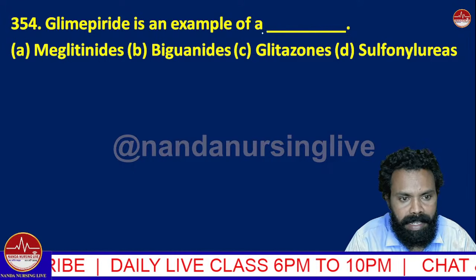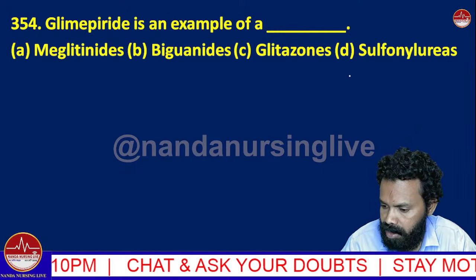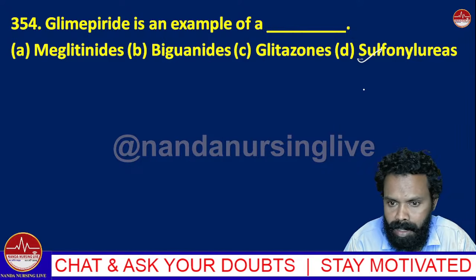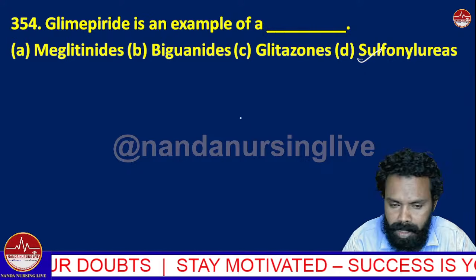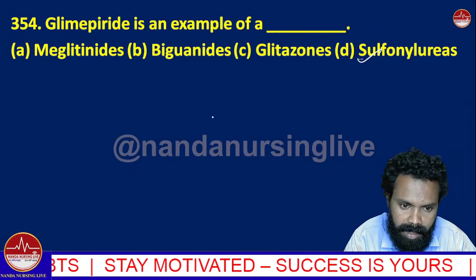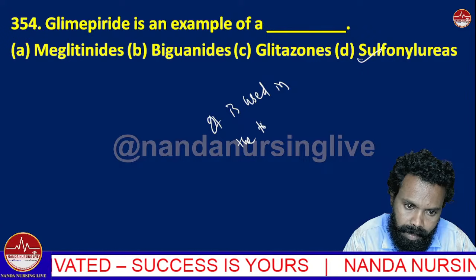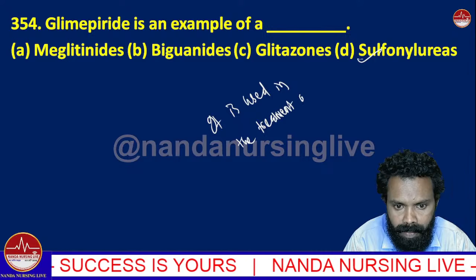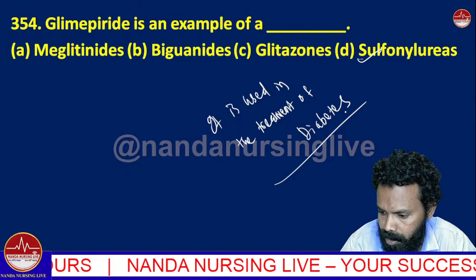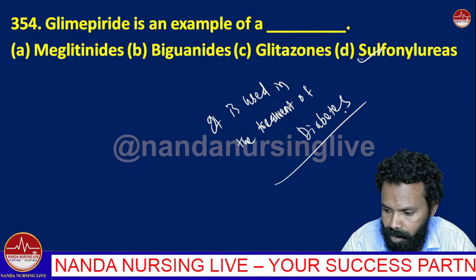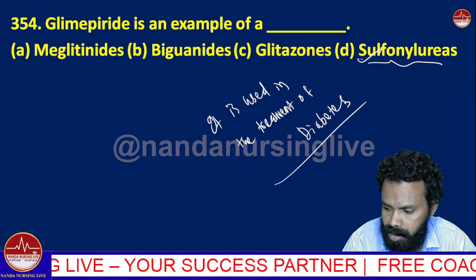Next question number 354. Glimepiride is an example of dash: sulfonylureas. So the correct answer is sulfonylureas. Glimepiride is used in the treatment of diabetes, and it belongs to the sulfonylurea class of drugs.